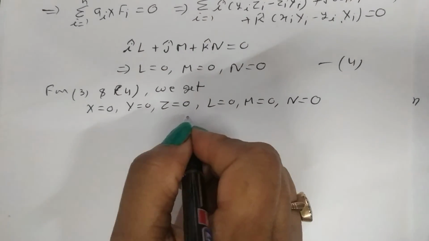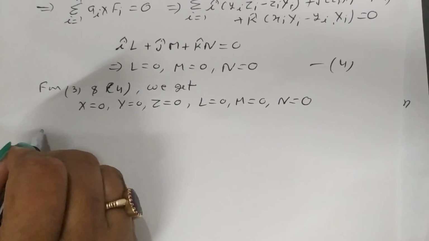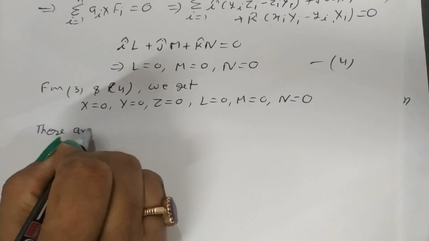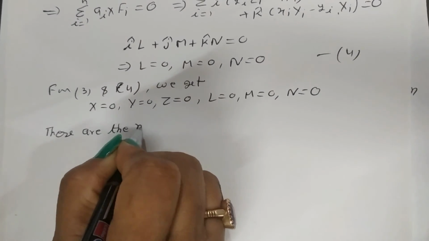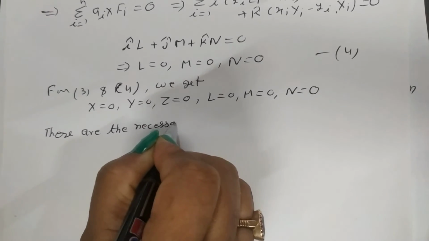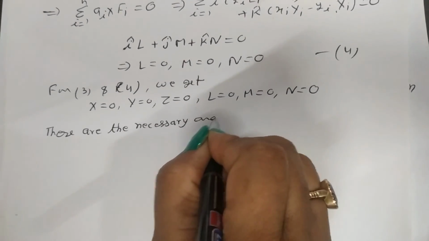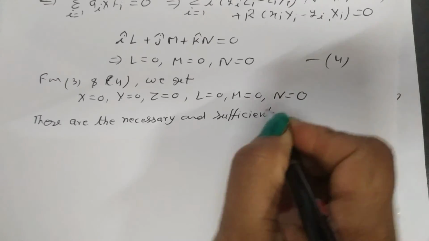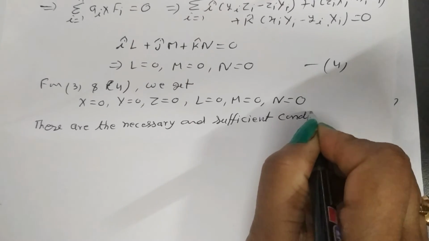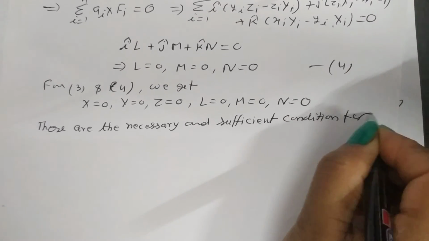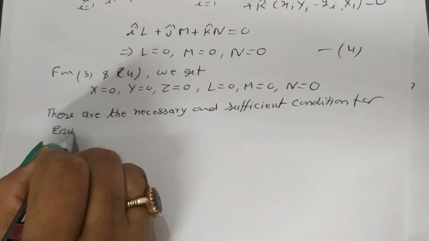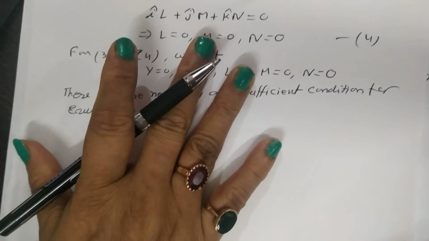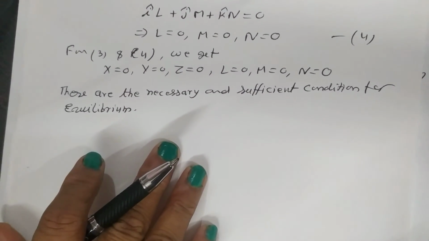These are the necessary and sufficient conditions for equilibrium. Correct? This completes the theorem on the equilibrium condition.